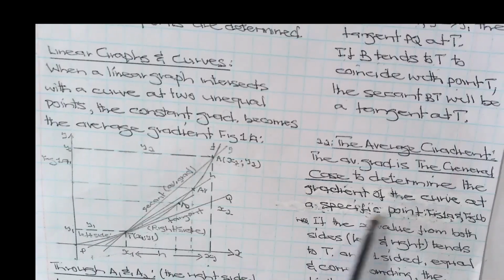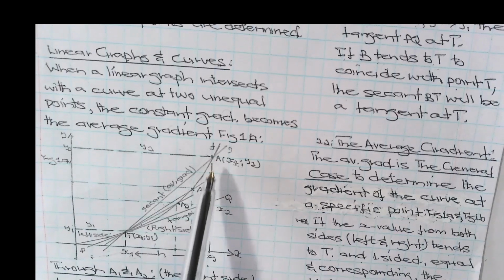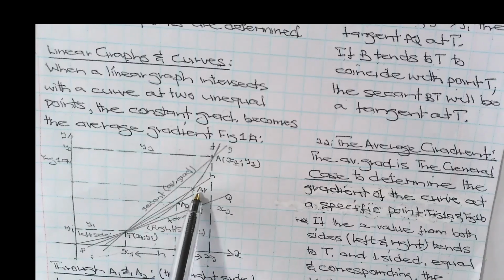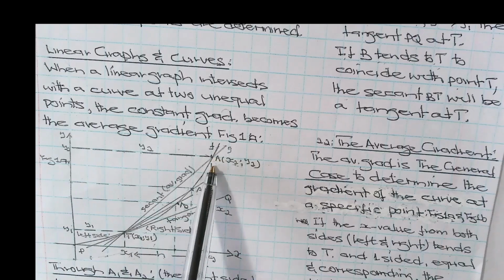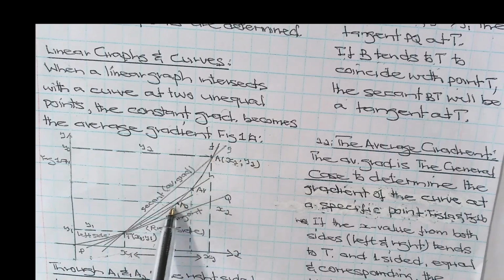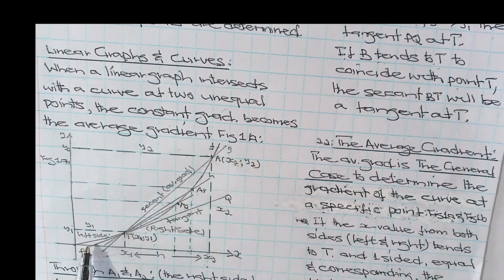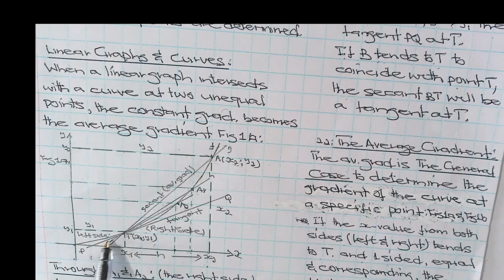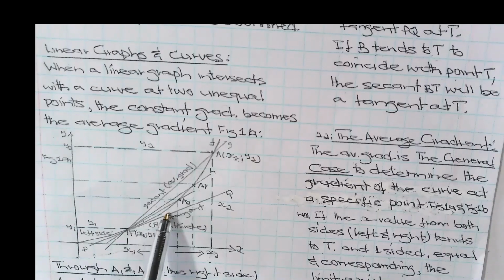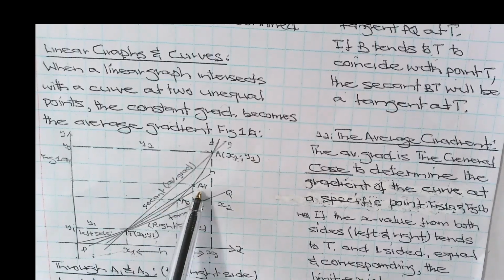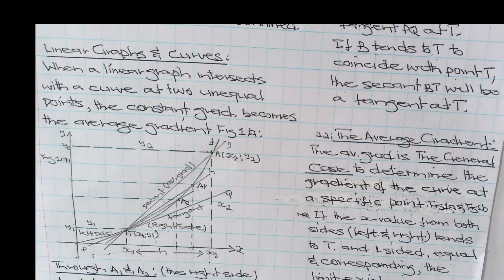Now, this gradient AT or A1T or A2T or any other average gradient is used to determine the gradient of the curve. It means the secants AT, A1T and A2T are used to determine the gradient on the curve, because the gradients on the curve are not constant. They differ from position to position, point to point.